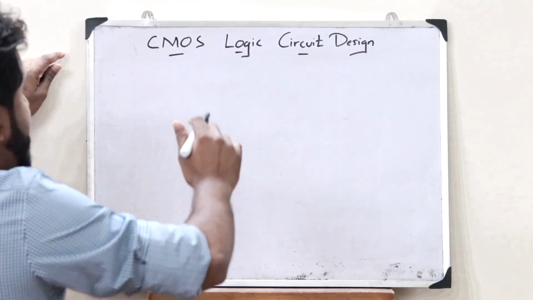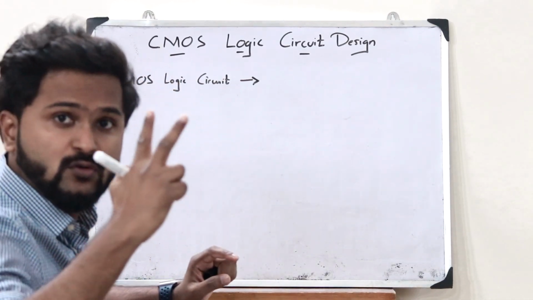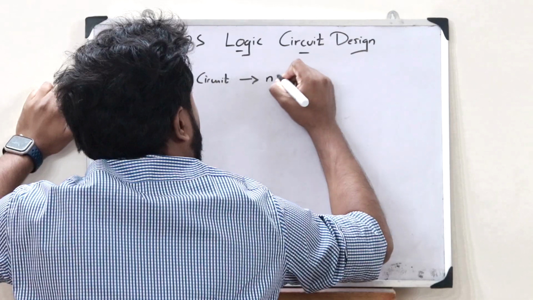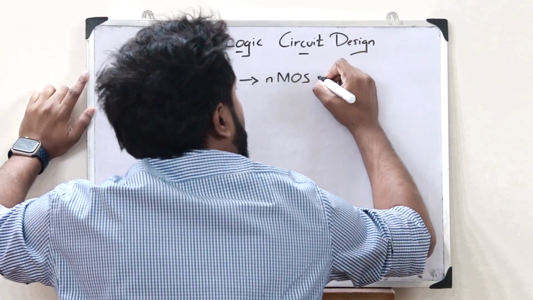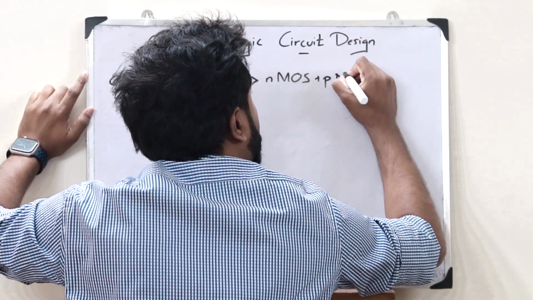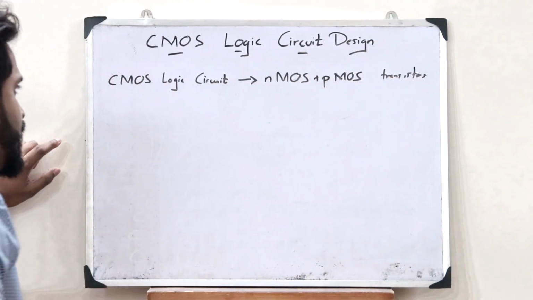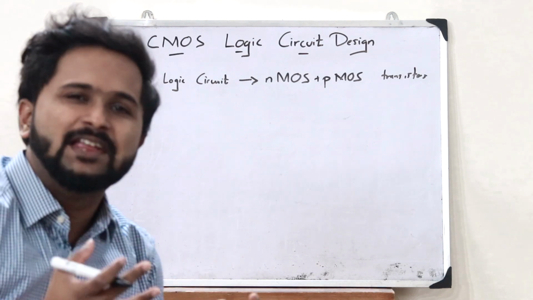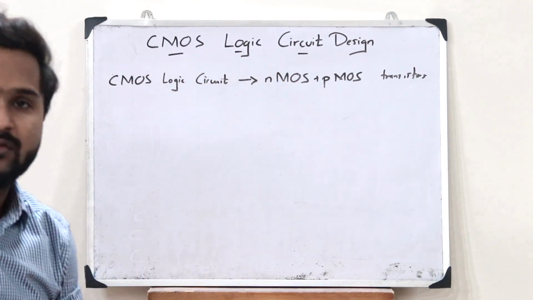That is, a CMOS logic circuit is made up of two types of transistors. One is an NMOS type transistor and the other one is a PMOS type transistor. With the help of NMOS and PMOS transistors, we simply get what you refer to as a CMOS circuit.